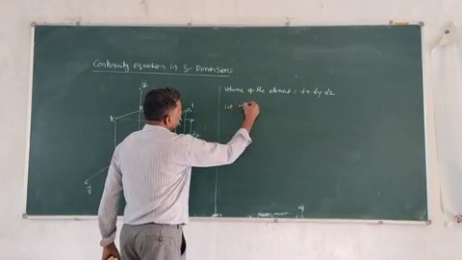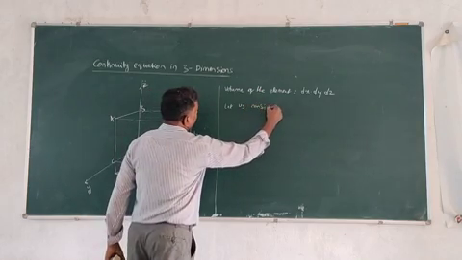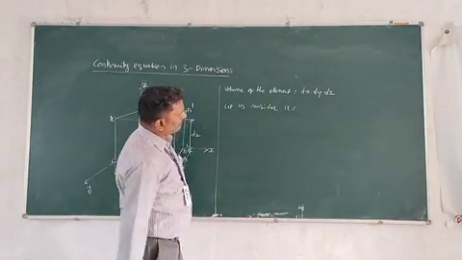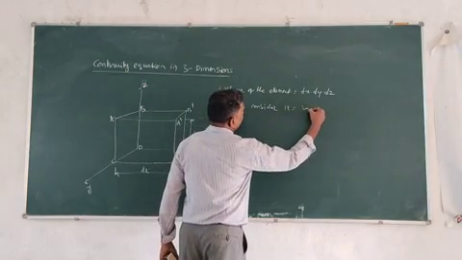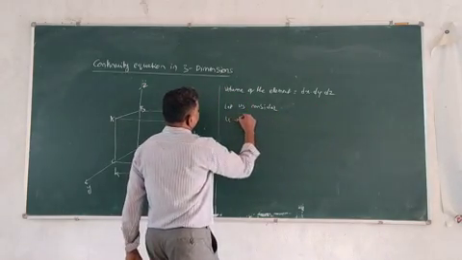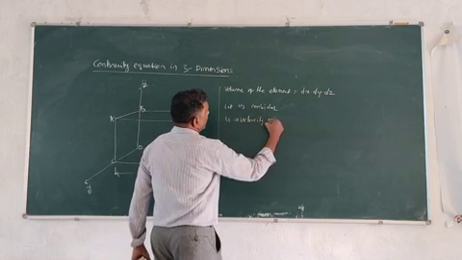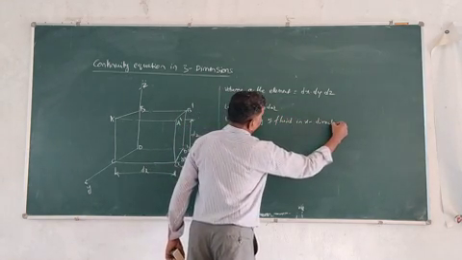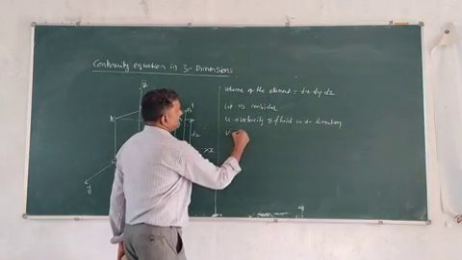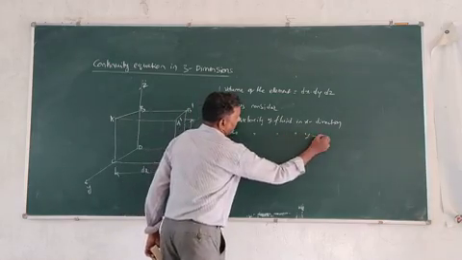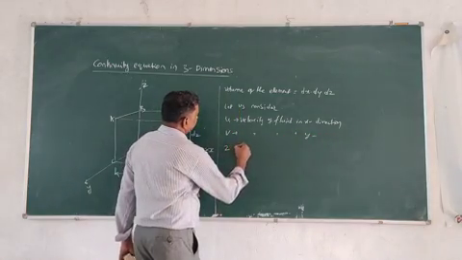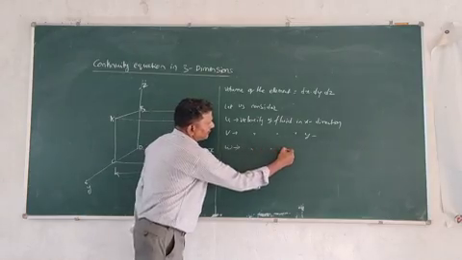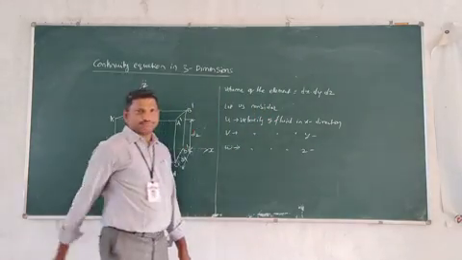Now let us consider u is the velocity of fluid in x direction, v is the velocity of fluid in y direction, w is the velocity of the fluid in z direction.